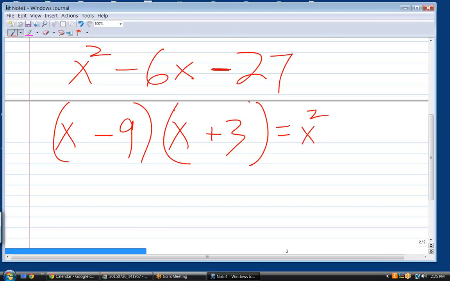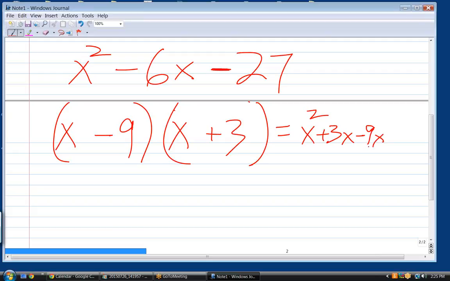First, which is x times x, is x squared. Then it's the outside, which is x times 3, which is 3x. And then it's the inside, which is negative 9 times x, which is negative 9x.